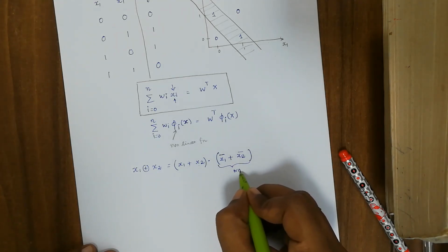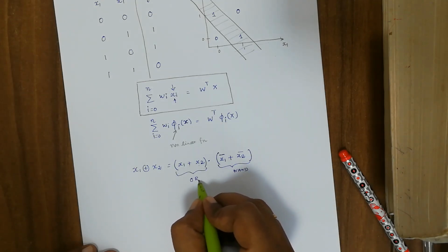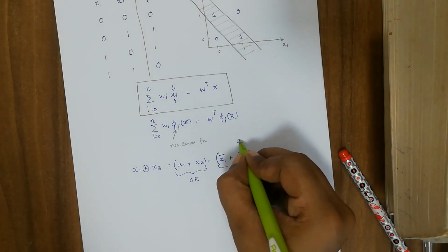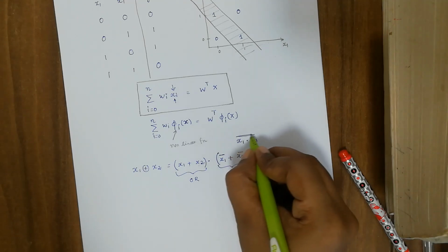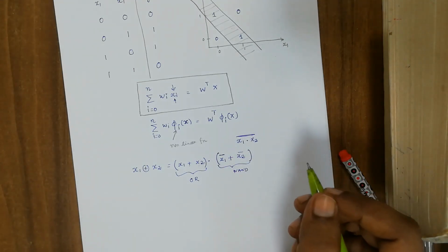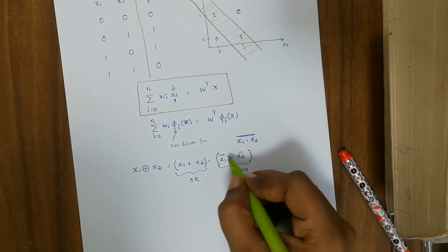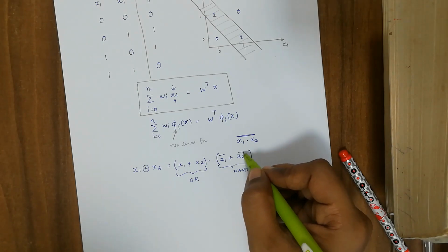This is the same as taking x1 multiplied by x2, that is the AND operation, and then taking its complement, which is x1 complement or x2 complement.